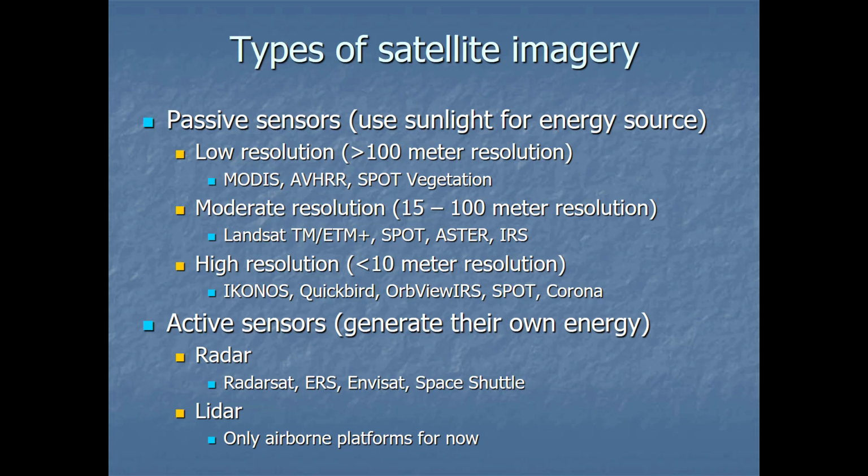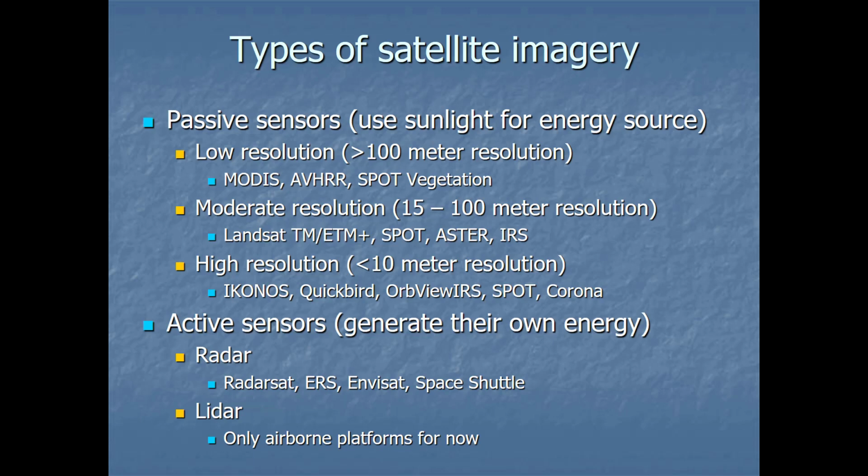A quick review of types of satellite imagery: two main categories, passive sensors and active sensors. Passive sensors use sunlight for energy source, and they're defined here into three categories based on resolution size: low, moderate, and high. Low resolution is greater than 100 meters, and this includes MODIS, AVHRR, and SPOT Vegetation. Moderate resolution would fall in the 15 to 100 meter resolution category.